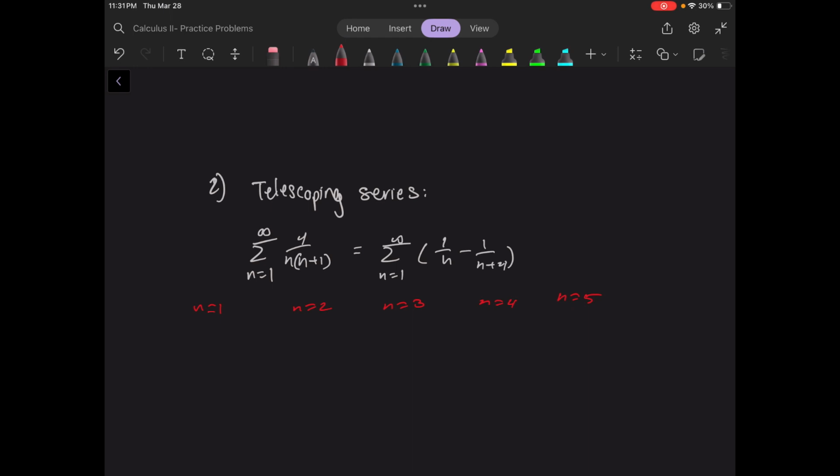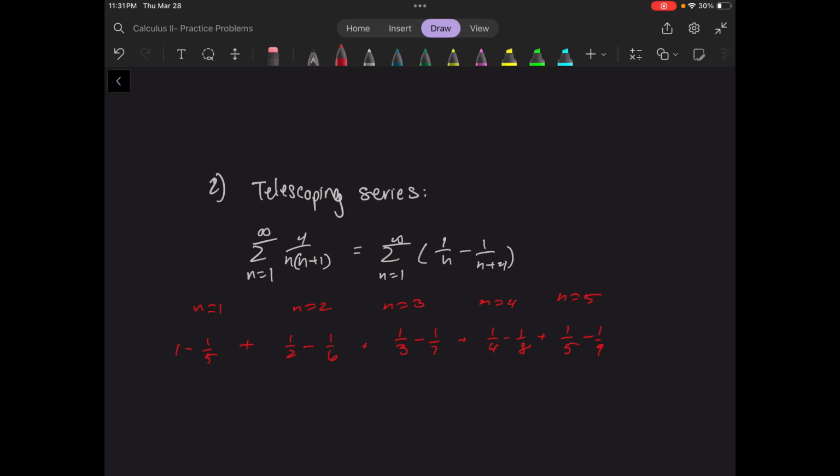When we plug in 1, we're going to get 1 minus 1/5. We're adding that to n equals 2, which is 1/2 minus 1/6, 1/3 minus 1/7, and 1/4 minus 1/8, and finally 1/5 minus 1/9.